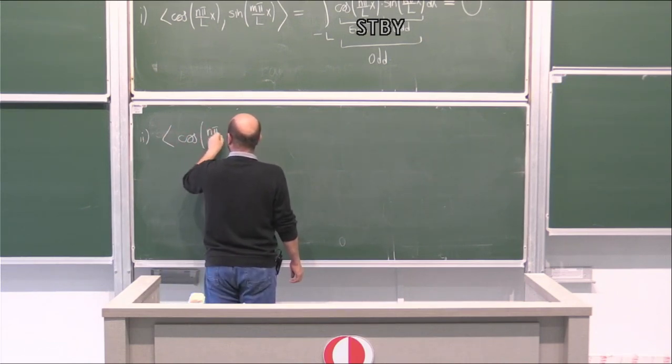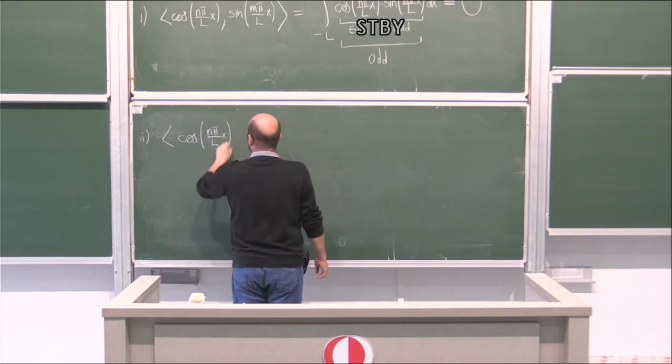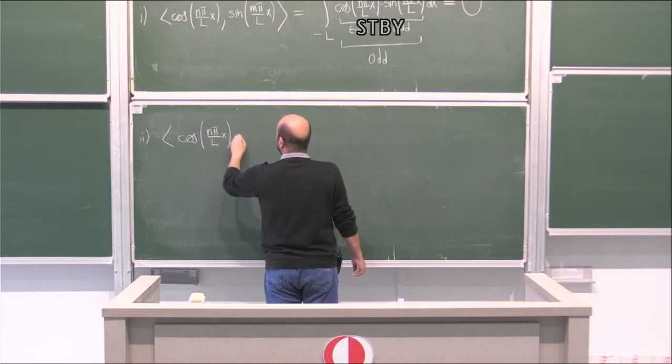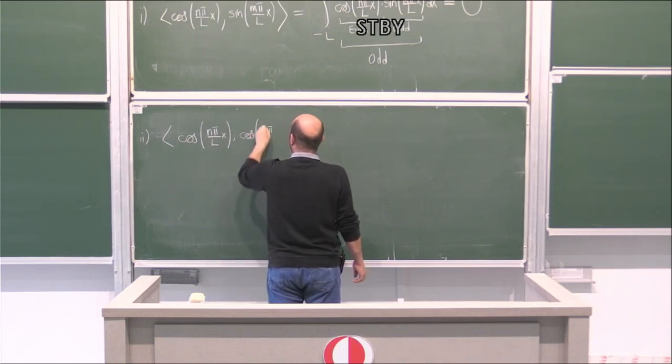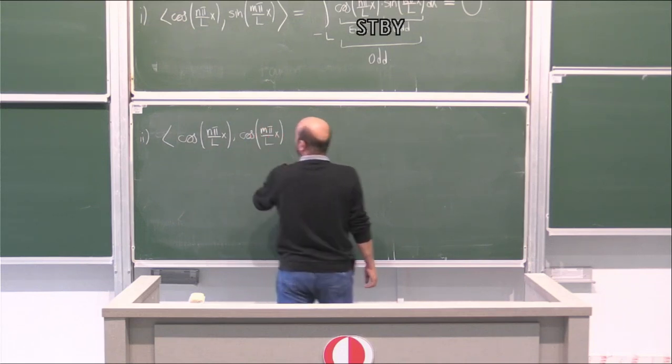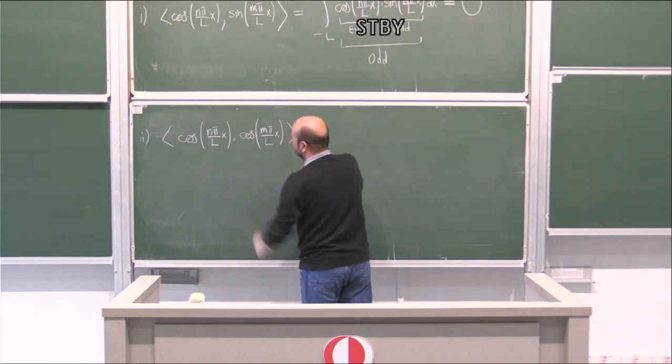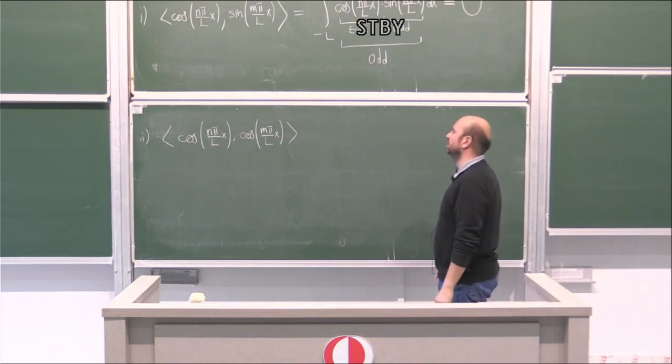Cosine n pi over L x and cosine, let's say m pi over L x. So I'm just saying I'm taking two different ones.